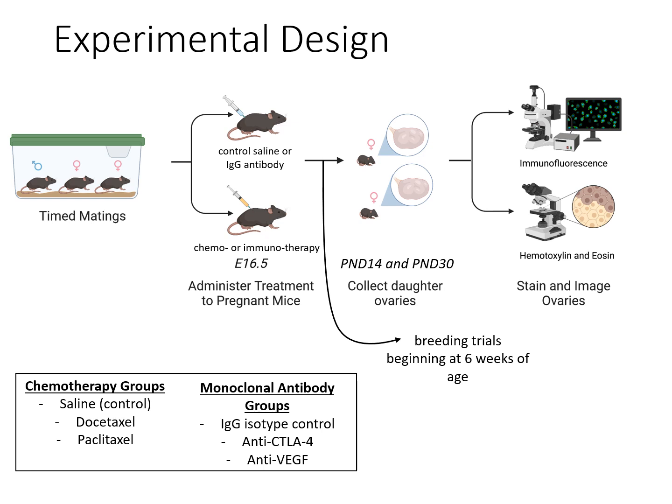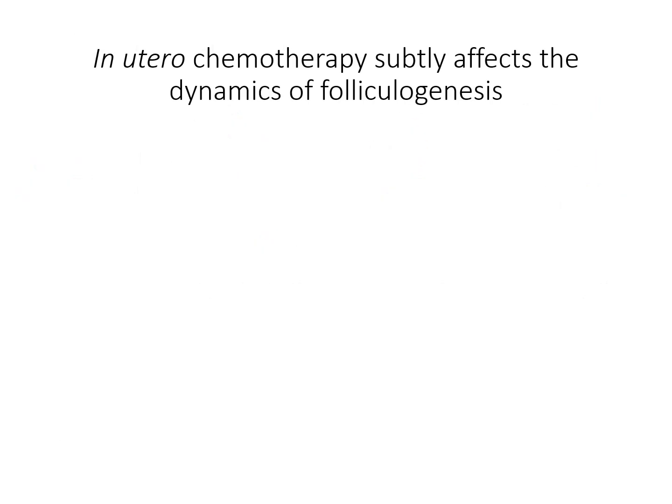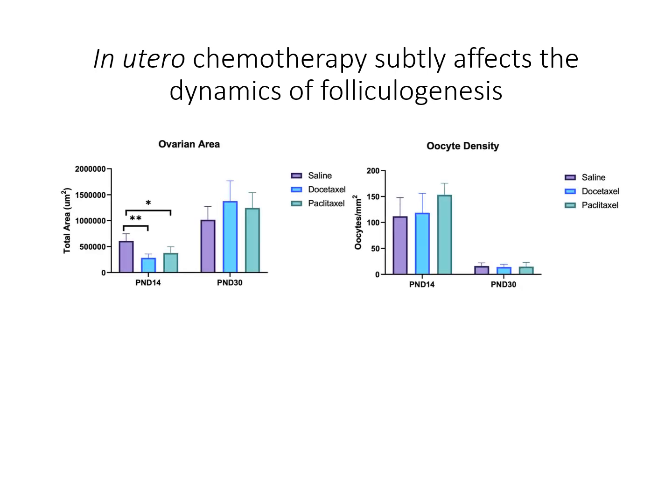And since the beginning of this study, we've had a chemotherapy cohort, as well as the respective controls, as well as a monoclonal antibody cohort and respective controls, but I'll only be telling you about the chemo groups today. When we compare taxane-exposed ovaries to controls, we see a decrease in ovarian area initially, but this seems to have recovered by the time of sexual maturity.